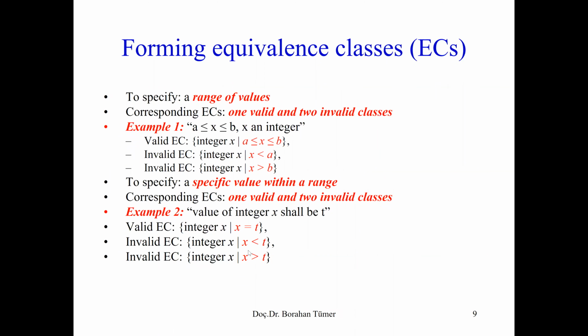So these are the two invalid classes here, and this is the valid class, but the valid class only contains one single value, because the definition of this value is that it should be equal to t.